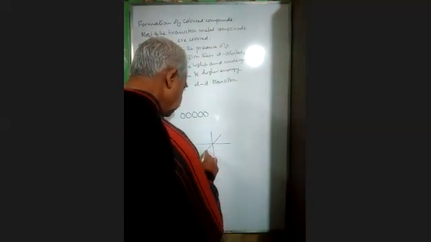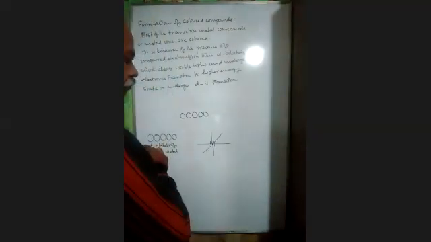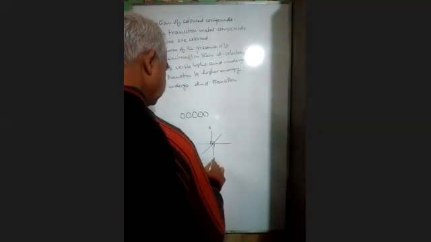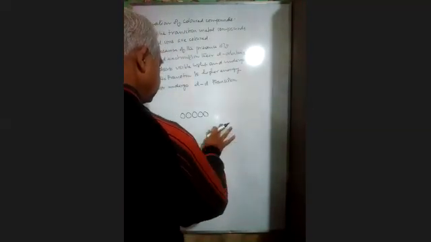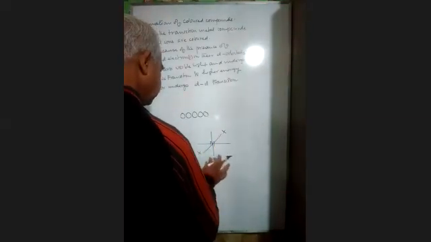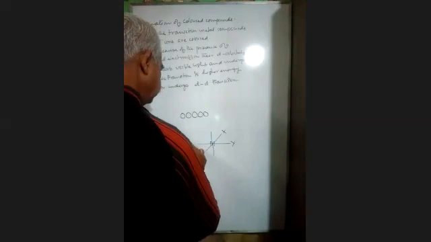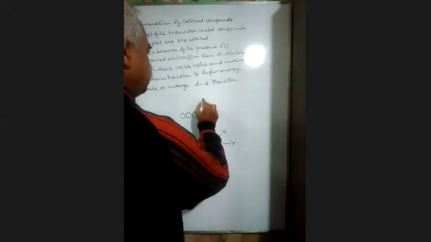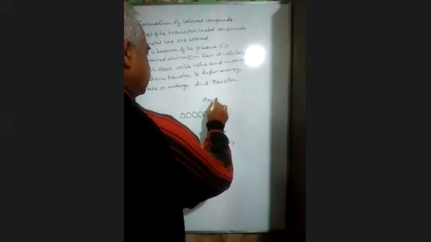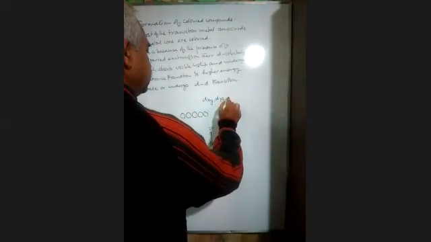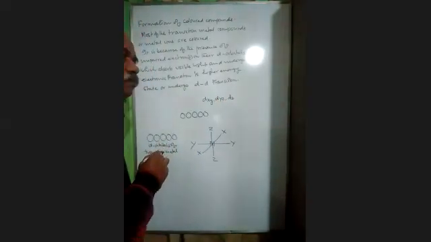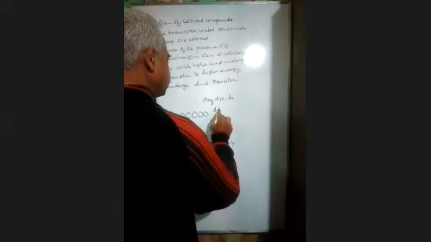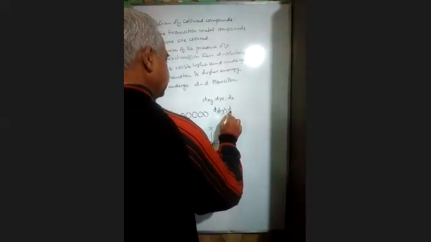See? This is the metal ion. Say it is X, X. Y, Y. And this is Z. So we have dxy, dyz, and dzx. And here it is dx square minus y square and dz square.